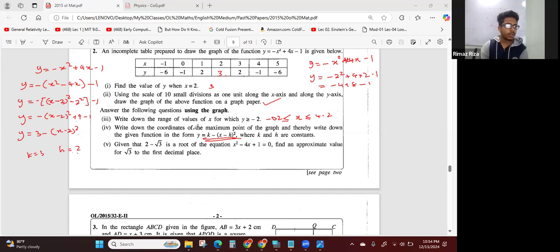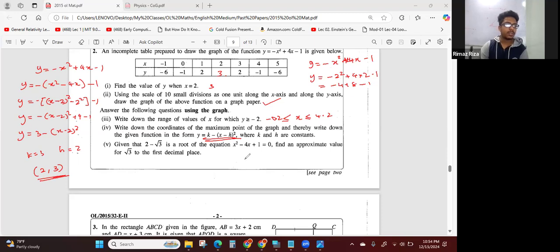So the coordinates of the maximum point: x value is 2, and when you put x equals 2, this will be 0, then you get the maximum point. The maximum point is 3, so that's the coordinate.